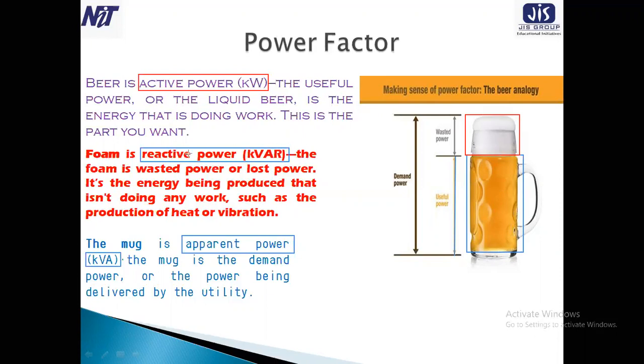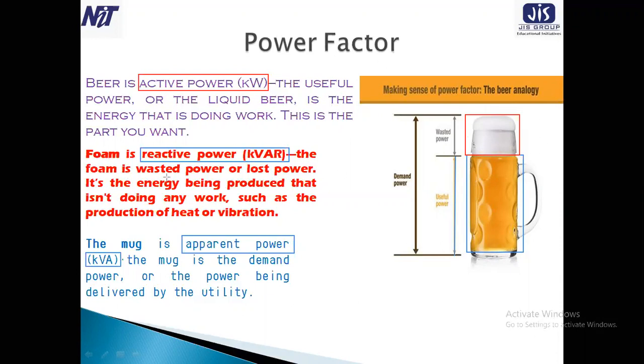So this foam is acting as a reactive power. Okay, so the liquid beer is the active power or the real power, and the foam is the reactive power.